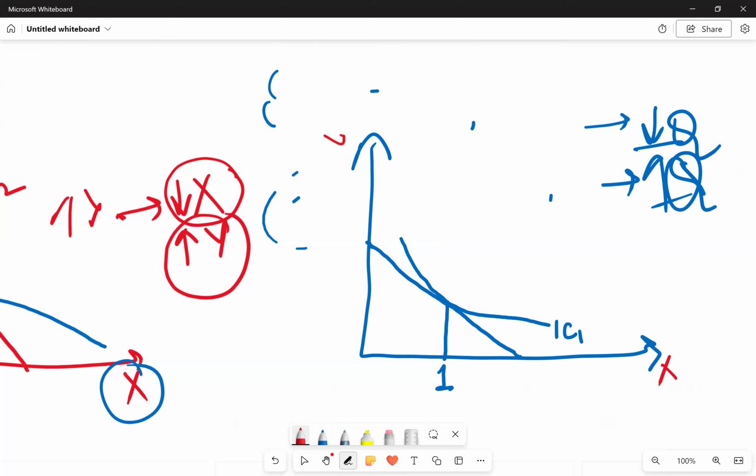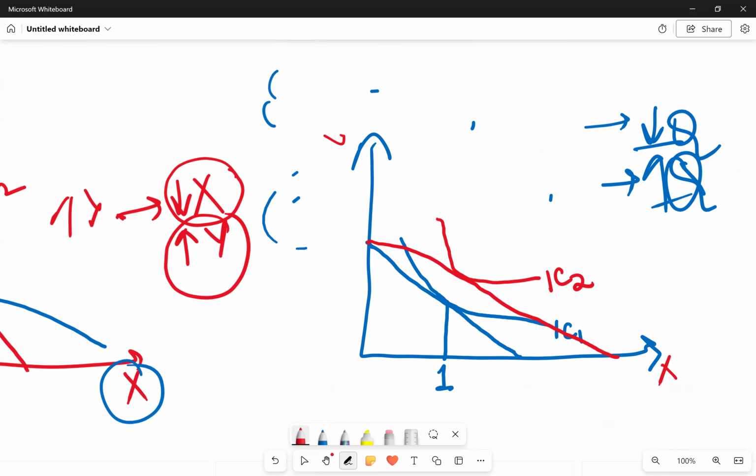Now, what will happen? The budget line would move outwards because the price of good X has fallen, right? So now the consumer can actually buy more of good X. Agreed? Yes, ma'am. Okay, so as a result, he will reach a higher indifference curve, say IC2.